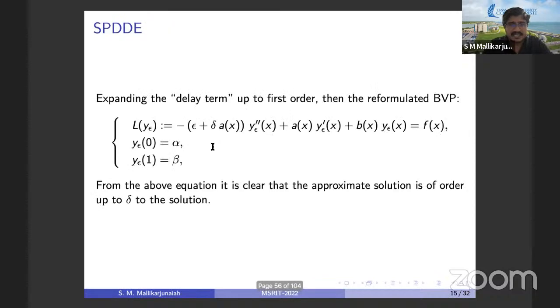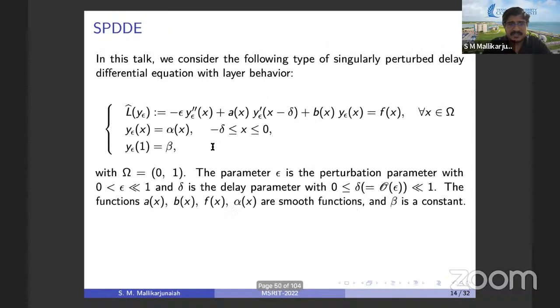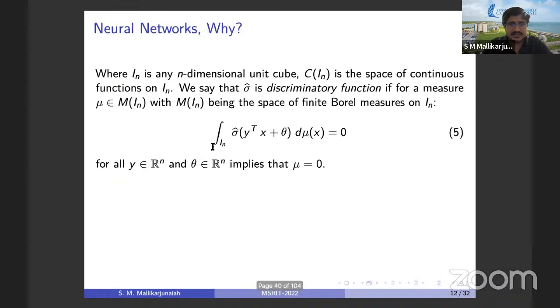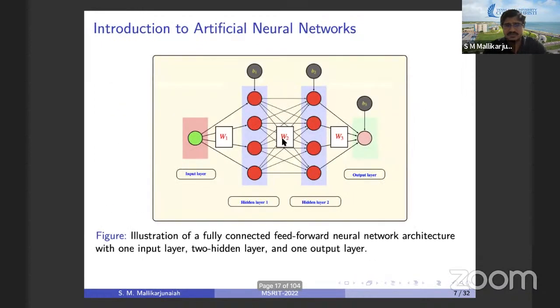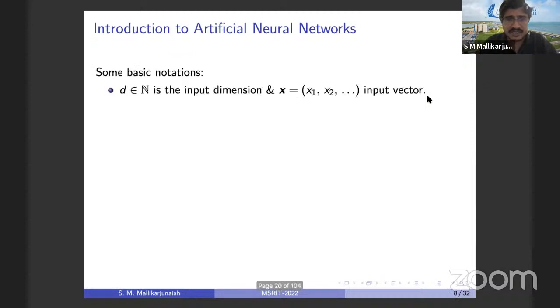As I was saying, when I showed the picture of the neural network, the goal is to approximate the solution to the differential equation by this kind of architecture. Basically, we need to find two sets of parameters: the weights for each layer and the bias that goes into each layer. Those are the network parameters.